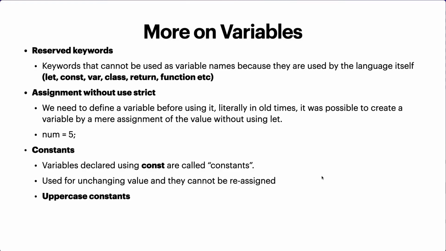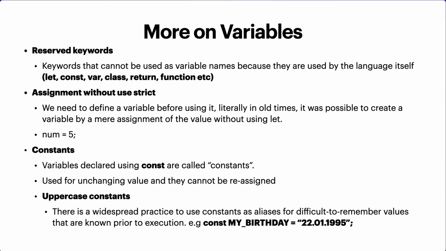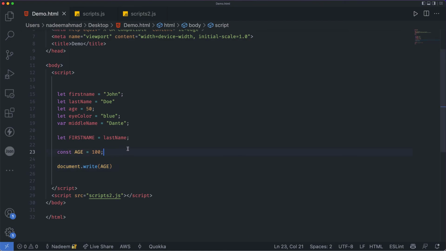All right. So uppercase constants. What are uppercase constants? There's a widespread practice to use constants as aliases for difficult-to-remember values that are known prior to execution. For example, const my birthday and stuff like that. So there is a convention.